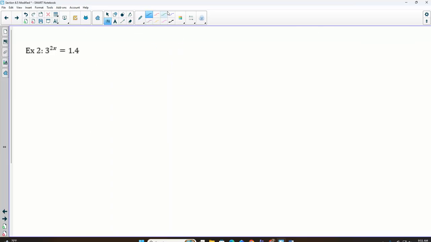So 3 to the 2x equals 1.4. So we check, can we get a common base? No. So instead, what do we do? It's an equation, so whatever you do to one side, you do to the other. All right, the reason this is helpful is because properties of logs.